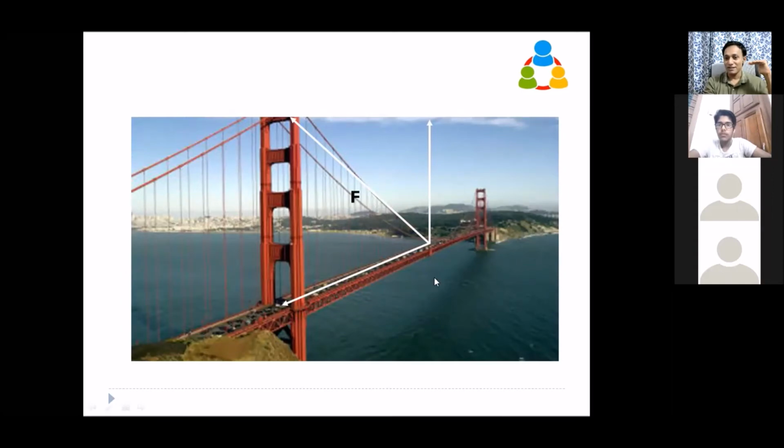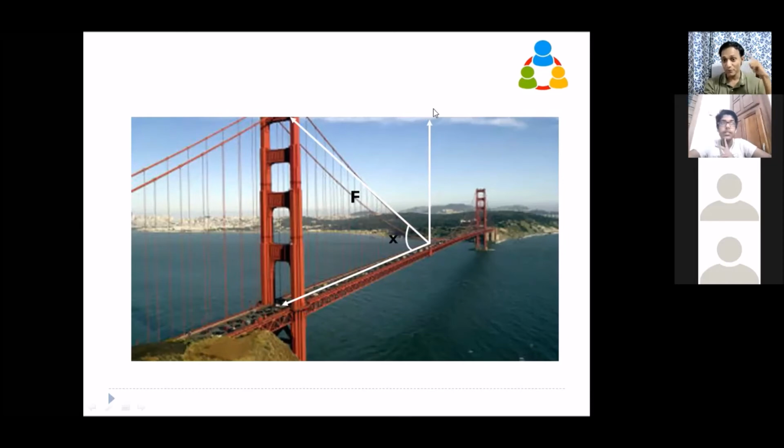You want the support here. And we are telling if there is a force like this, it can have two components, one in this direction, one in this direction. And if this angle is x, what will be the support in this direction? This is the actual force we want. So what is the support in this direction? 90 minus x. This angle is 90 minus x.